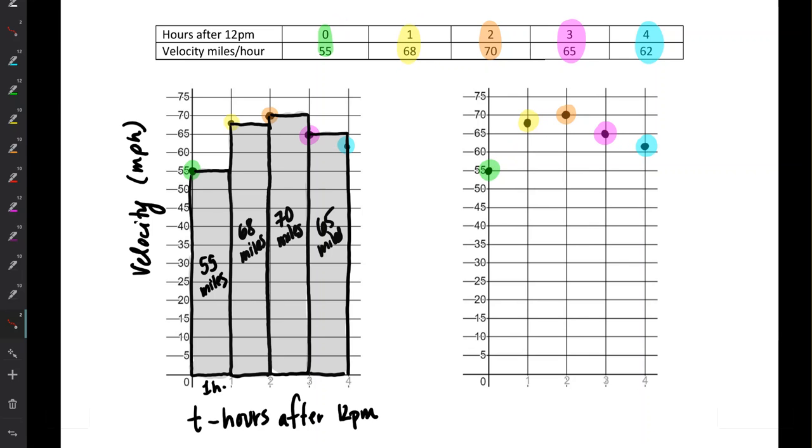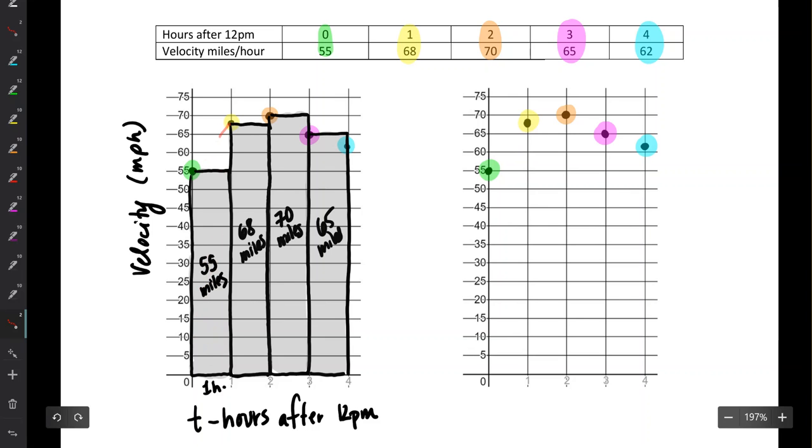assumptions, right? At the beginning of this story, you were going 55 miles an hour, and then all of a sudden at 1 o'clock, you look down and you're going 68. This is an underestimation of the distance that you've traveled, because you weren't going 55 miles an hour for the full hour. You had to speed up.